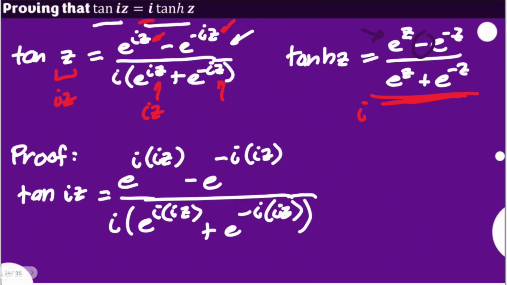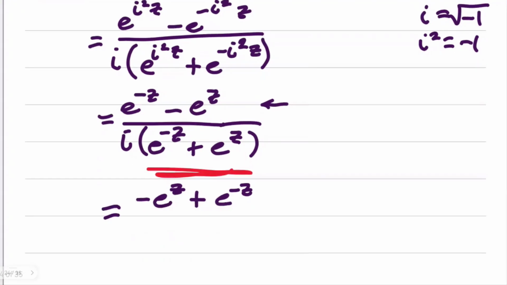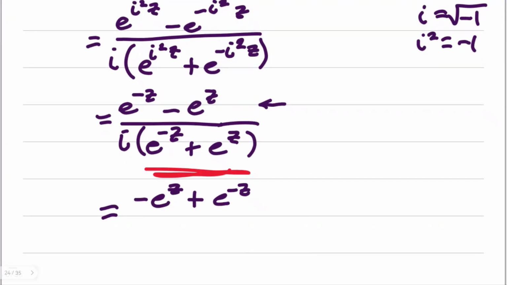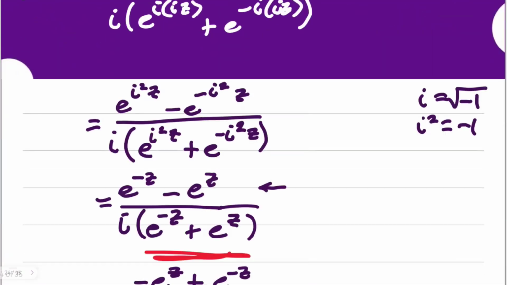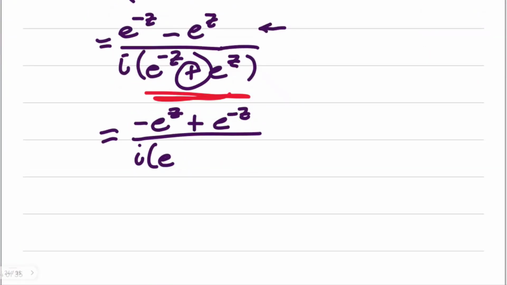But since it's minus, and this time it's plus, we're going to factor negative 1 later on. Allow me to continue with my denominator. I'm also going to rearrange it in this manner, and I can do that because it's plus, that's no problem: e to the power of z plus e to the power of negative z.